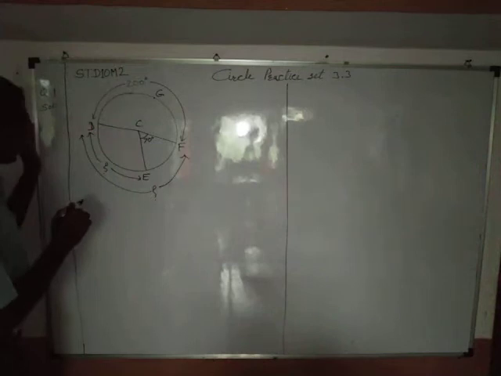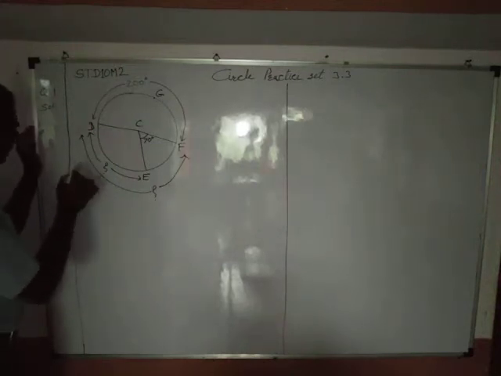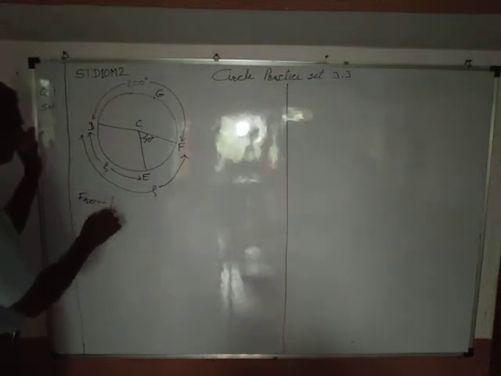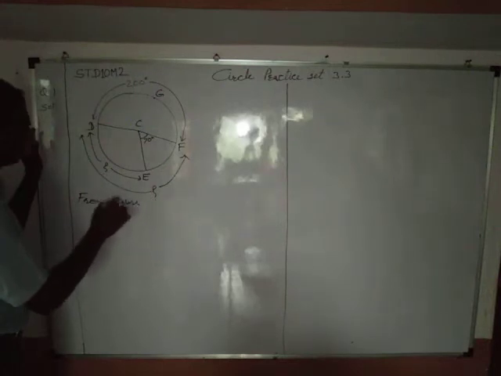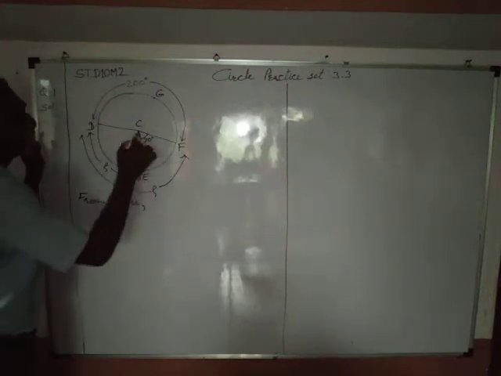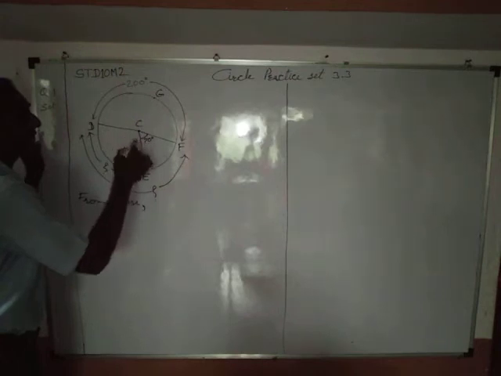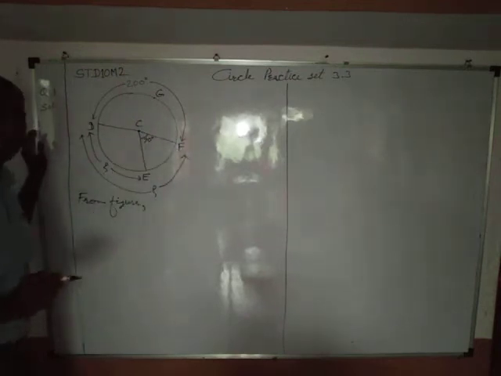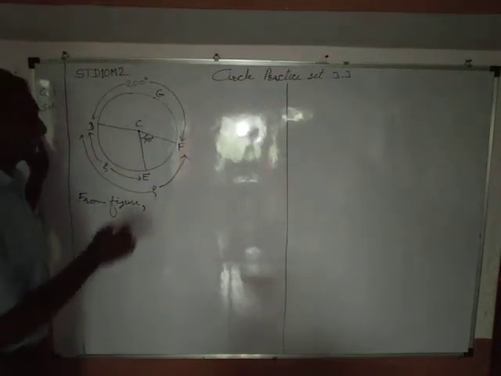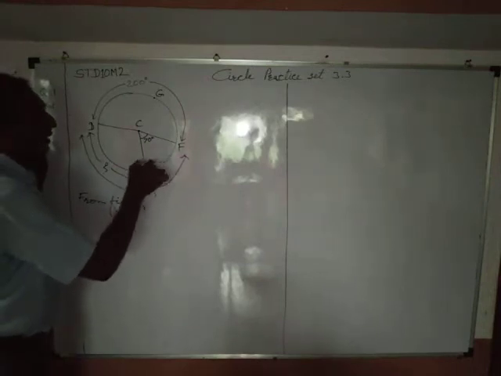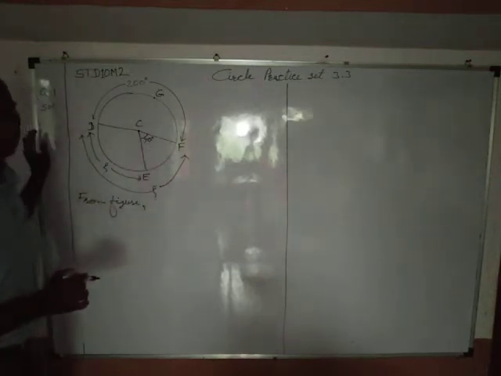Now, in the solution, from the figure, angle ECF is a central angle subtended by arc EF, and we know that the central angle subtended by a minor arc is the measure of that arc.